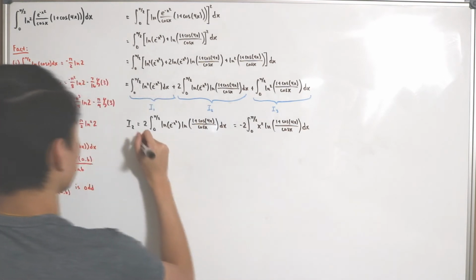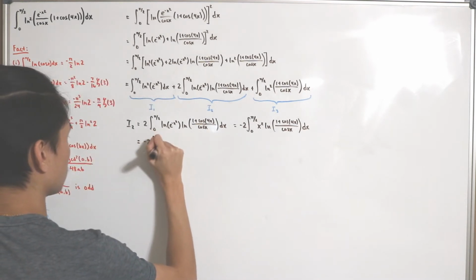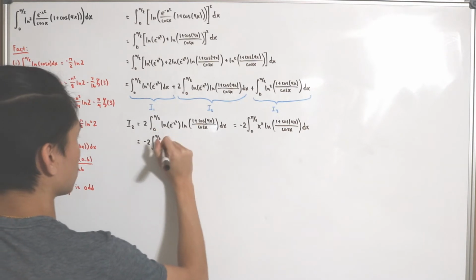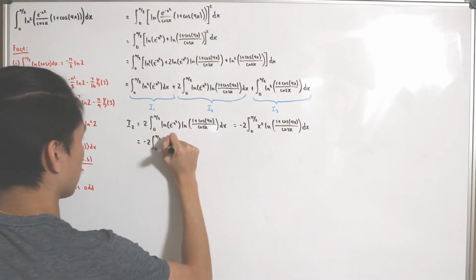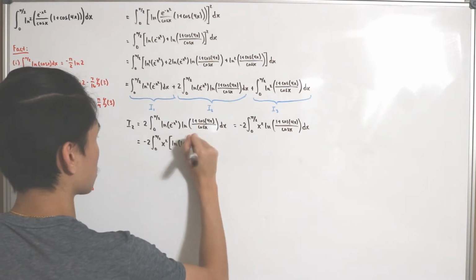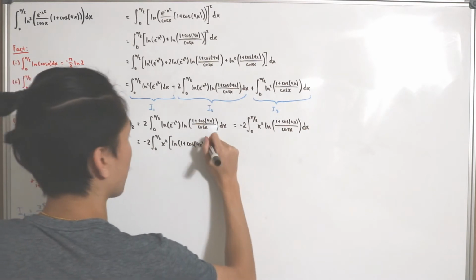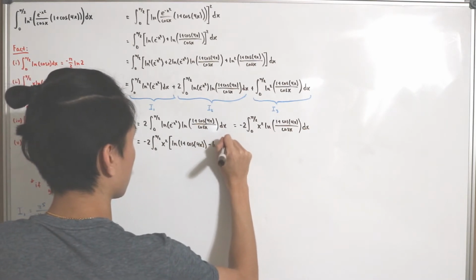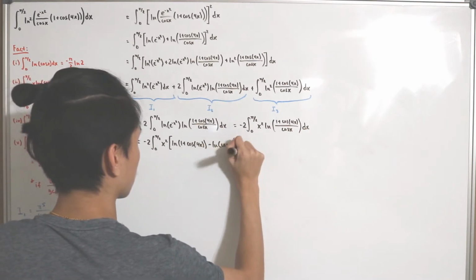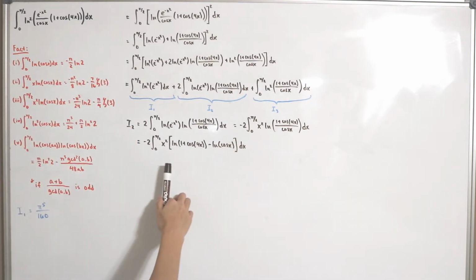So simply, this is negative 2 times the integral from 0 to pi over 2 of x squared multiplied by the natural log of (1 plus cosine of 4x), minus the natural log of cosine x, dx. All right, that's nice.